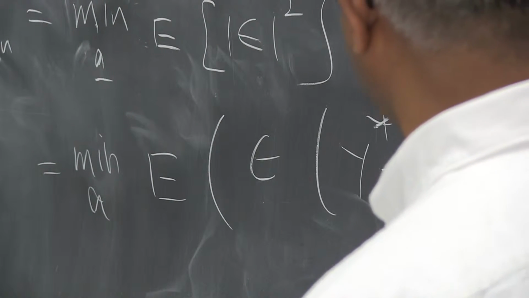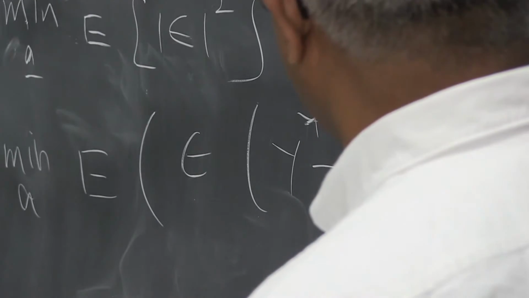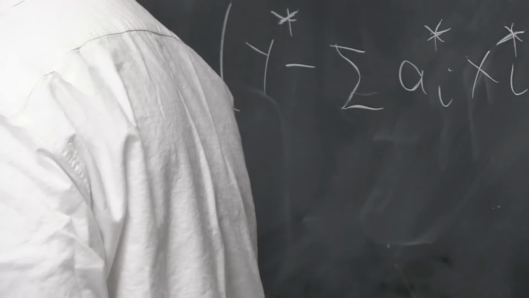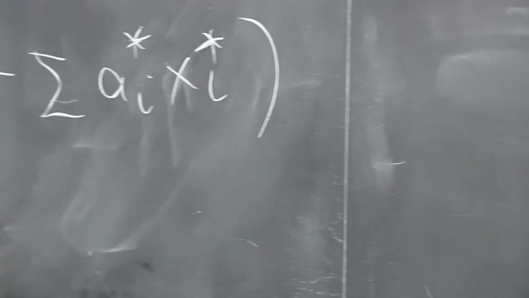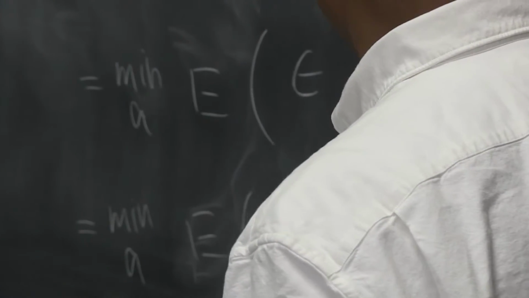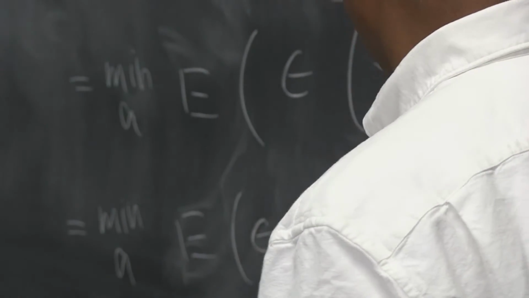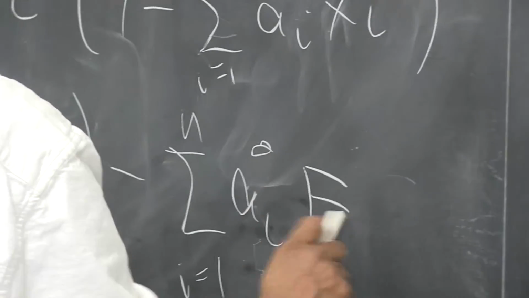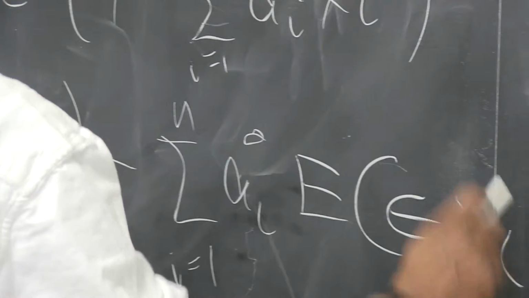This is star here, right? So this has two terms: minimization over A of expected value of epsilon y star minus summation i equal to 1 through n a_i star expected value of epsilon x_i star.